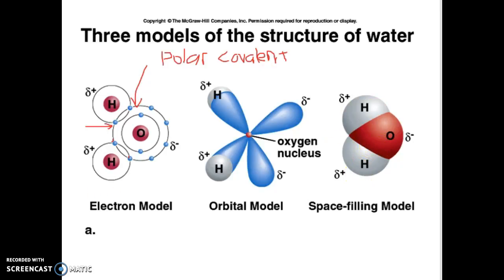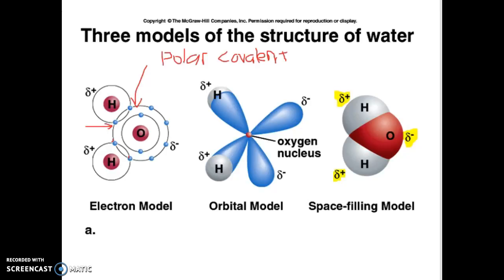But what is unique here is that because of it being polar covalent and that slightly unequal sharing, this sets up a very slight positive charge on each of the hydrogens and a slight negative charge on the oxygen. So the hydrogens still have a little bit of a positive charge that they're trying to balance out with another negative, and the oxygen has a negative charge, it's trying to balance out with another positive.